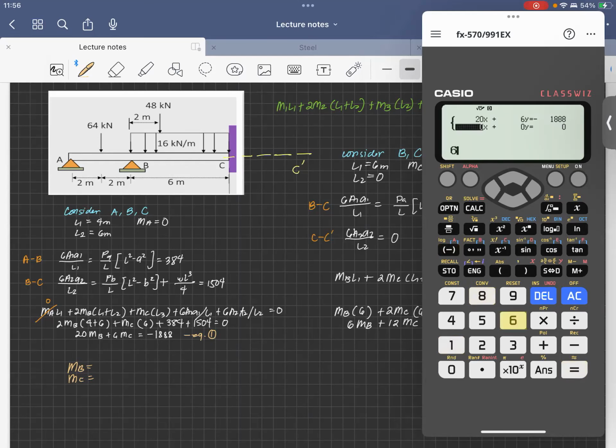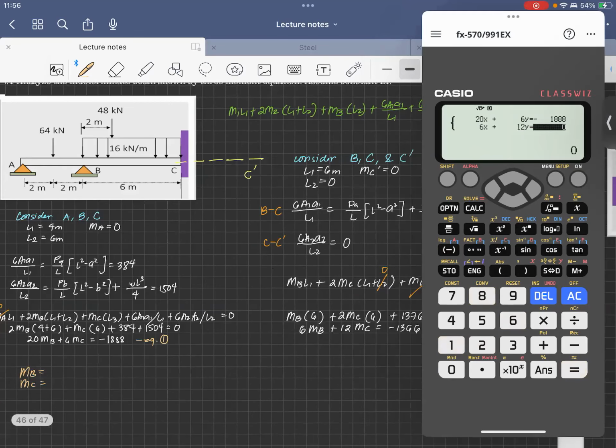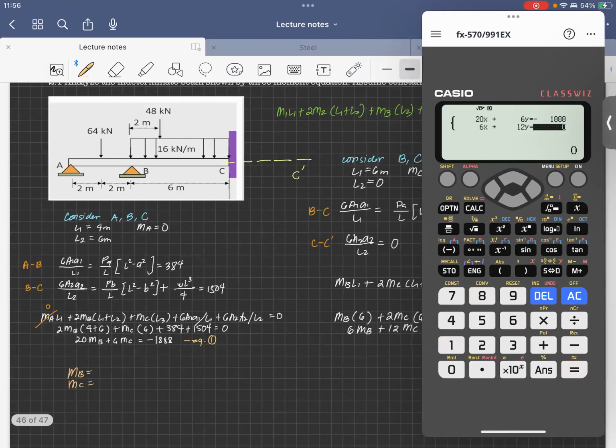Then we have 6, 12. Sorry, 1376. So negative 12 over 17 or negative 70.59. Then we have x2.